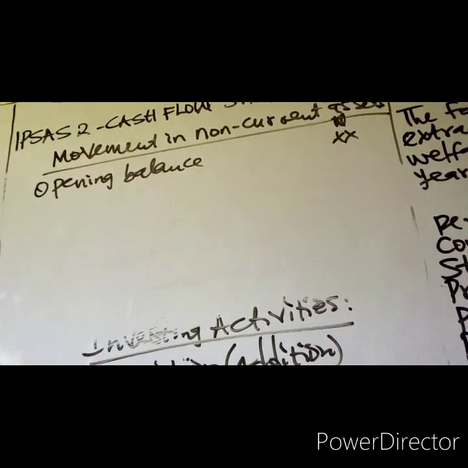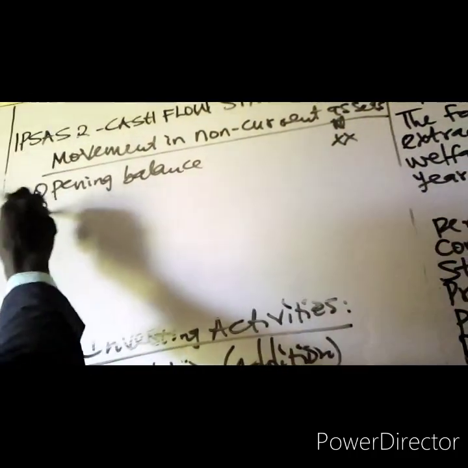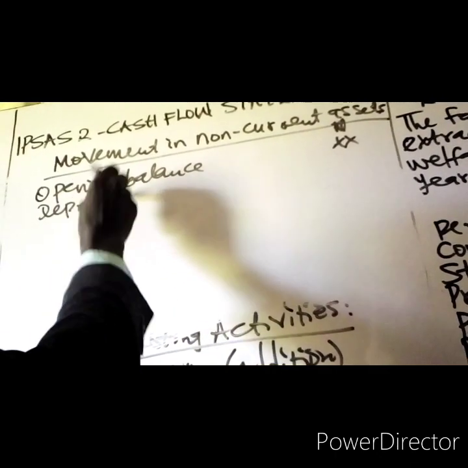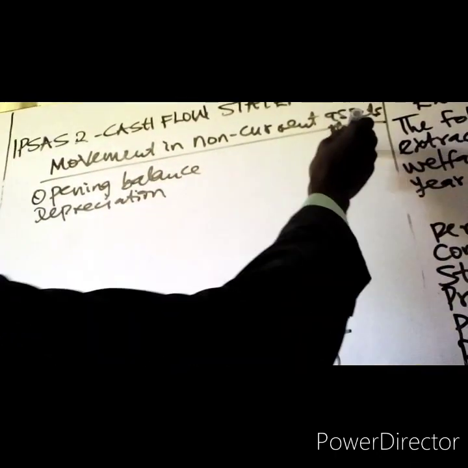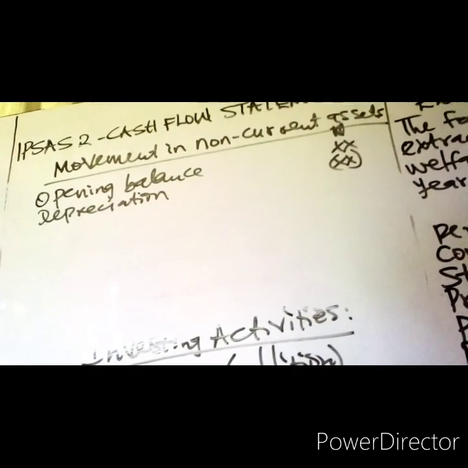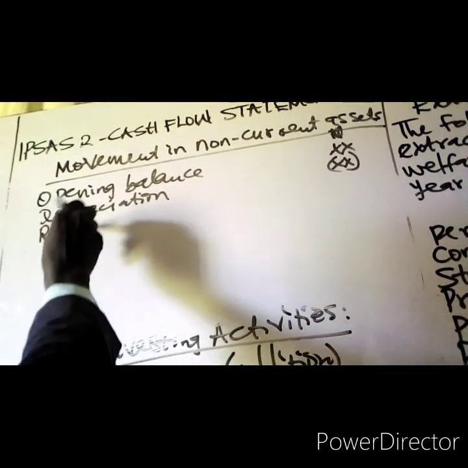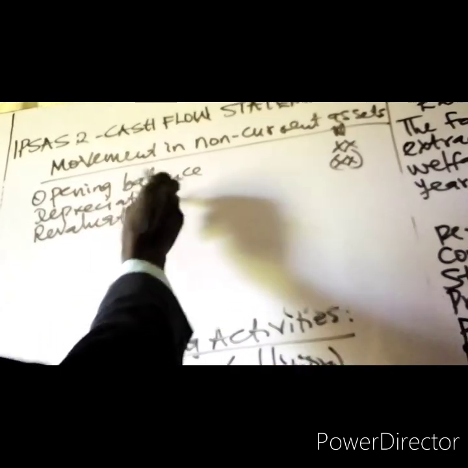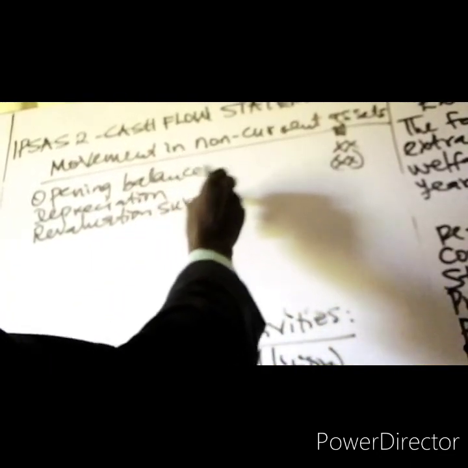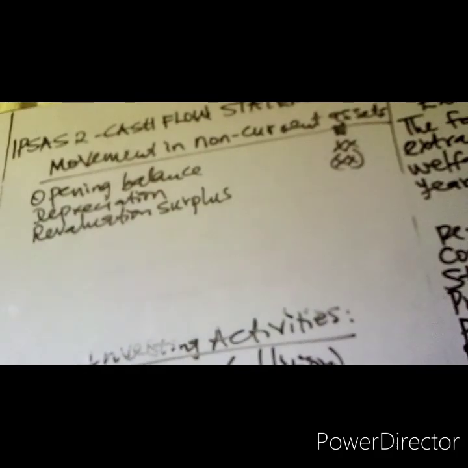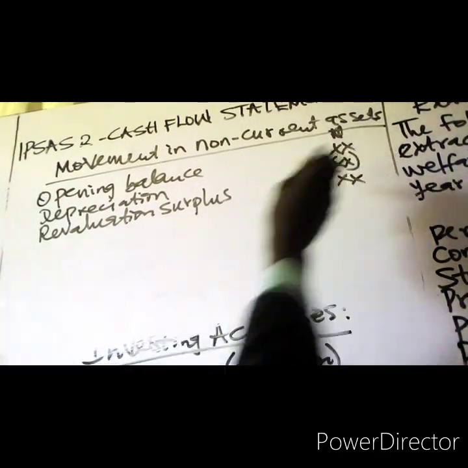Opening balance. Then where there is depreciation, what will happen to your non-current assets? Depreciation will bring about reduction in non-current assets. So you deduct that. When you revalue non-current assets, you may have revaluation surplus where it is revalued upwards. That means the non-current asset will increase, so you add it.